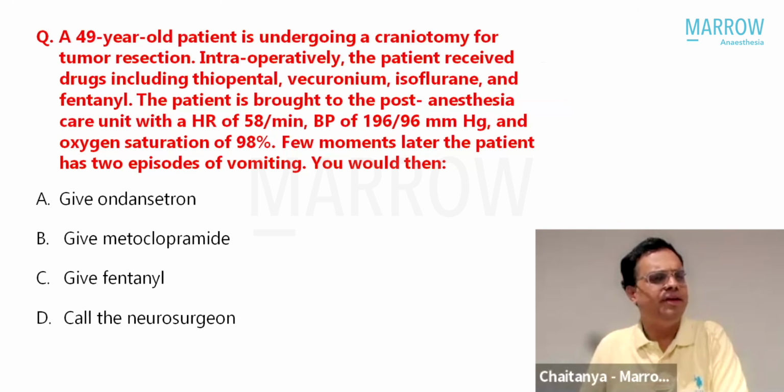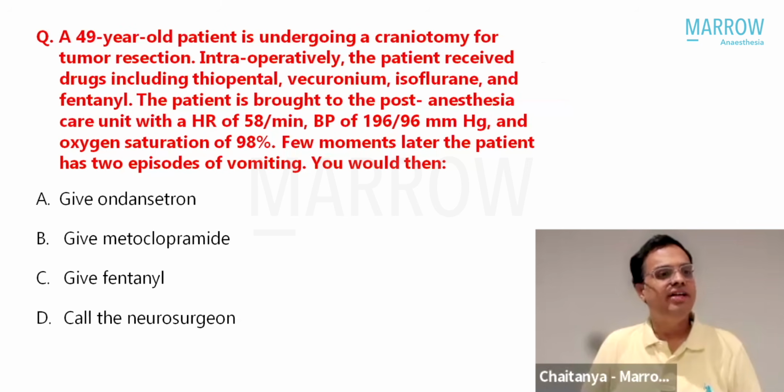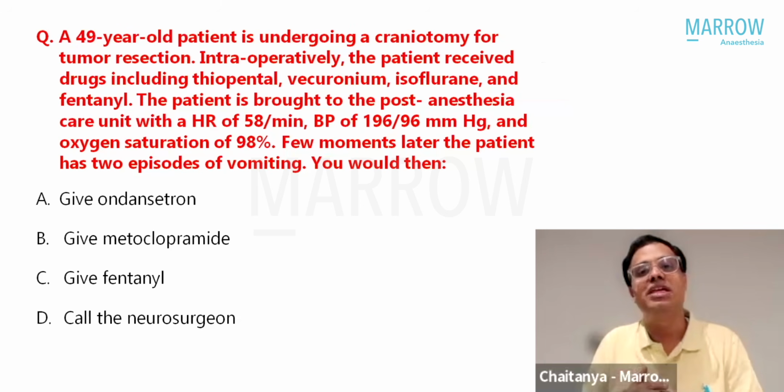Sometimes pupils will be dilated. Pupils are a good sign, but not immediately. So headache, nausea, vomiting are very important signs. Very good. Post-operatively, we follow the same guidelines as intraoperatively to manage the ICP.